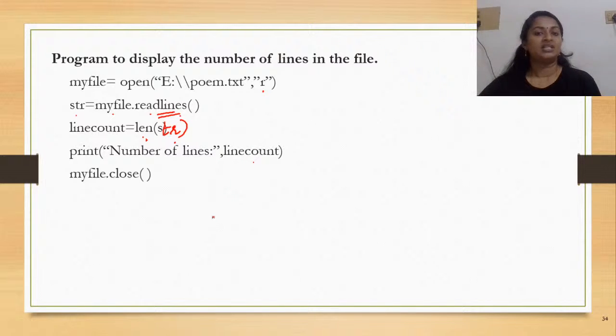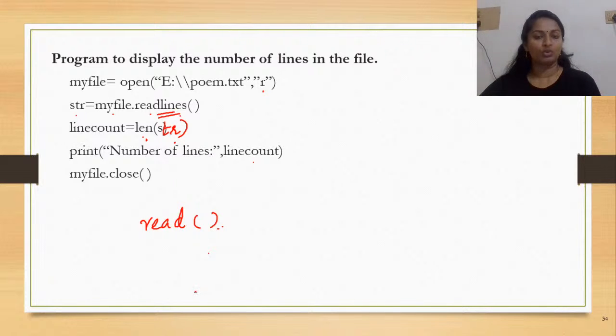This would be actually the number of lines of text in your file. After the entire operations, you close the file. So these are the things with respect to the read function. We learned the three variants of the read function, which were read, readline, and readlines.